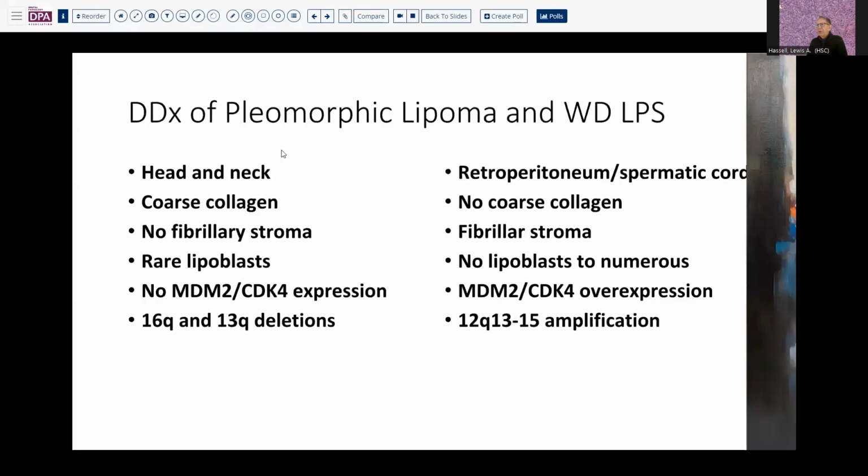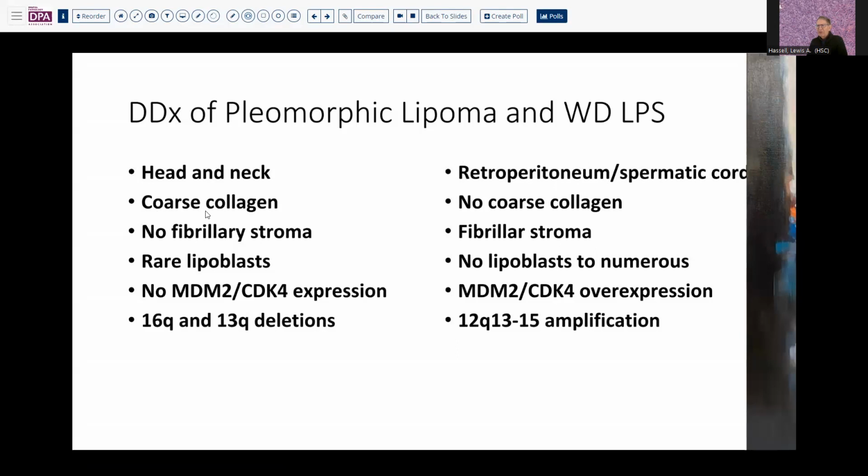So here's just a summary of the things that we're thinking of here. Pleomorphic lipoma usually is in the head and neck, usually subcutis, whereas well-differentiated liposarcoma more typically in the retroperitoneum and spermatic cord. Atypical lipomatous tumor, usually proximal limbs and deep soft tissue.